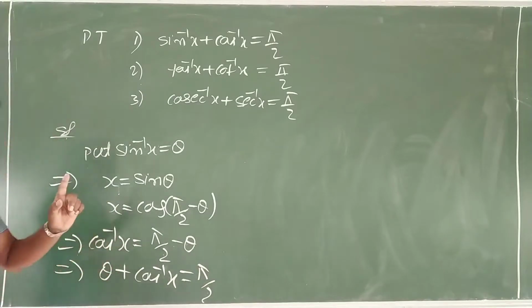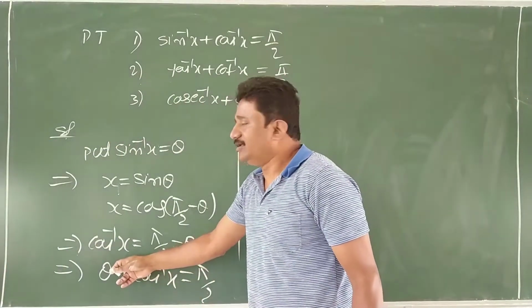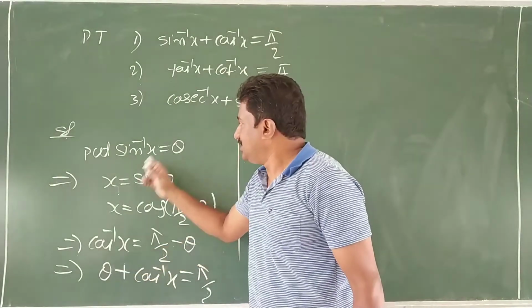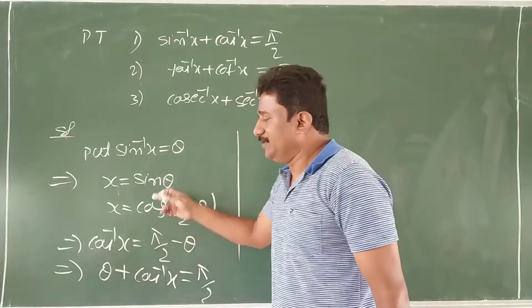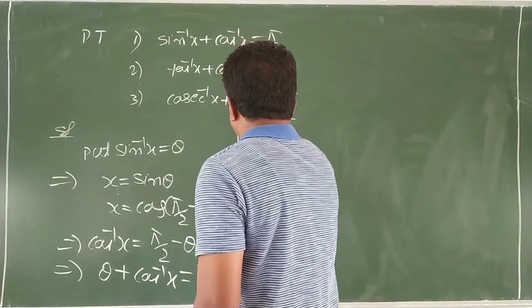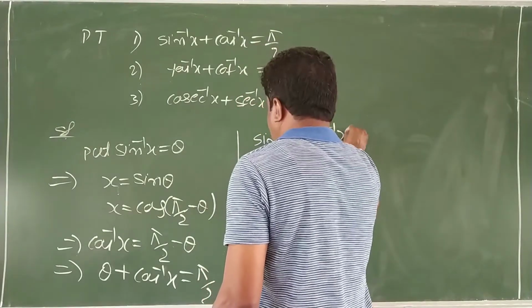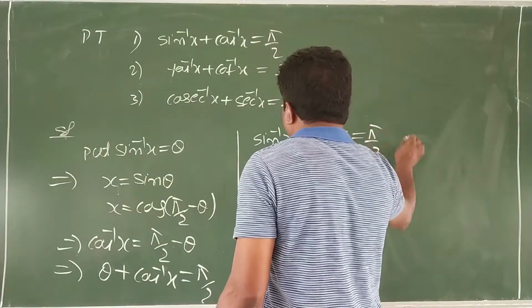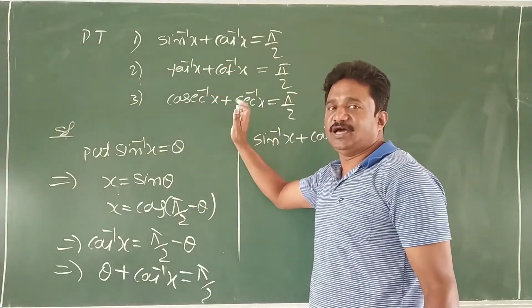We got the answer. Finally, you write what this theta is. Theta means sin inverse x. Substitute for theta. So that is sin inverse x plus cos inverse x is equal to pi by 2. I proved that first one. Similarly, you can prove the second and third also.